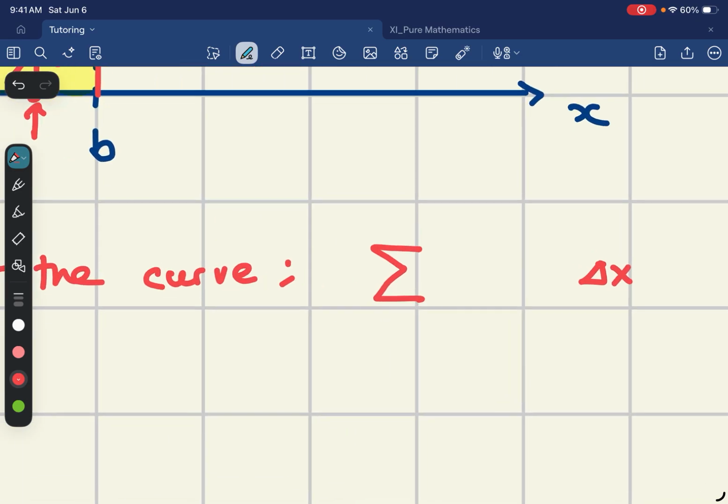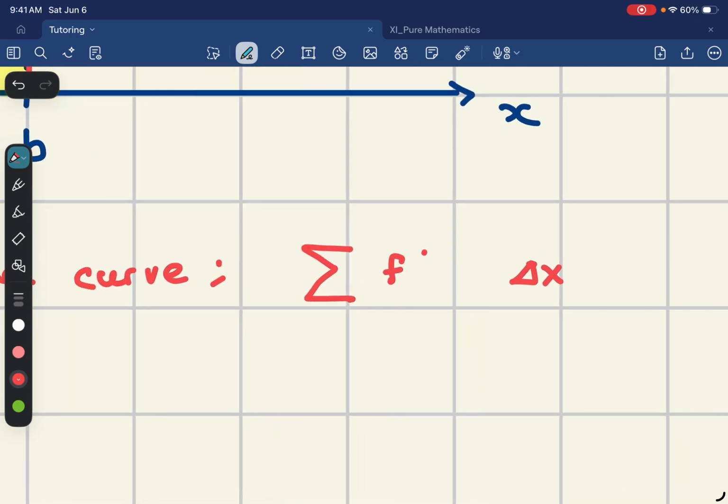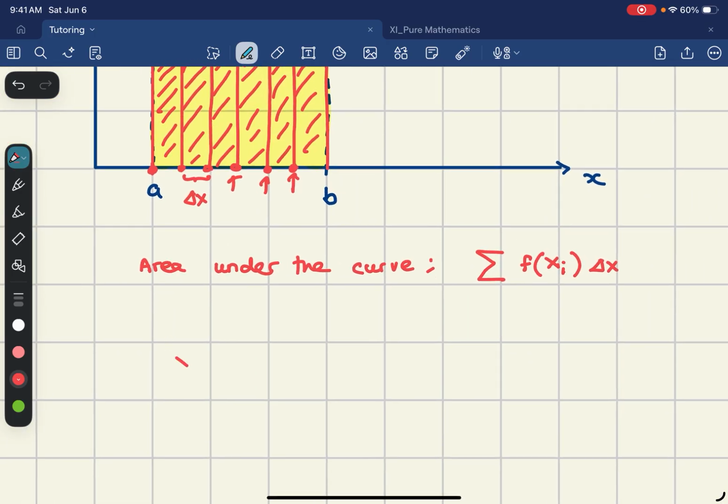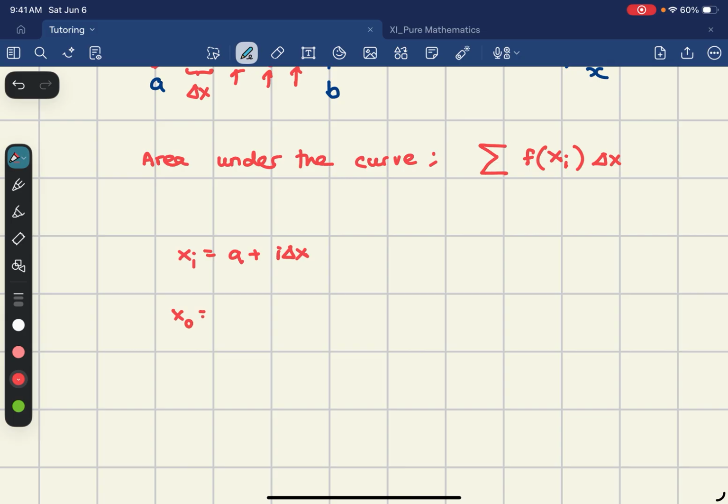All right. So we will represent that as f of x_i. Basically, how we will define this is that x_i is going to be a plus i delta x. So you start from a. If i is 0, x0 is just a.